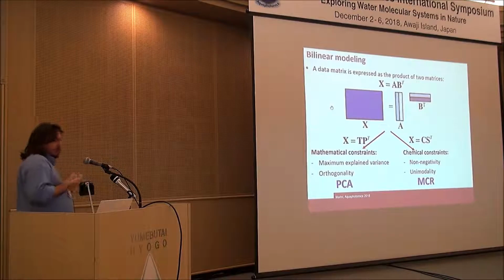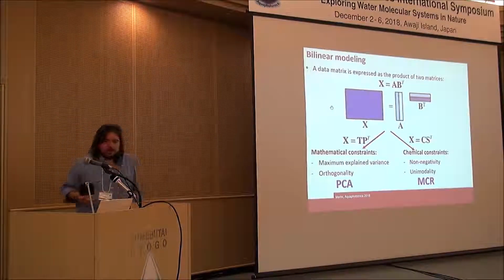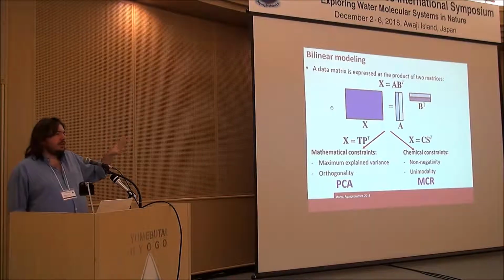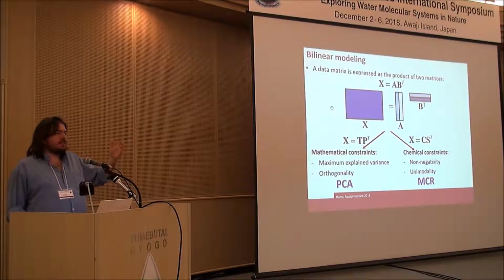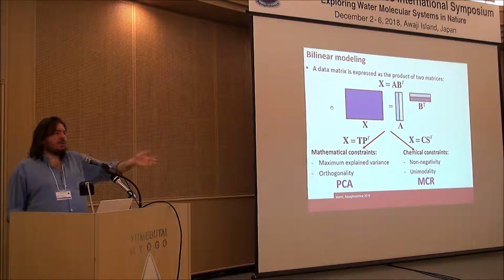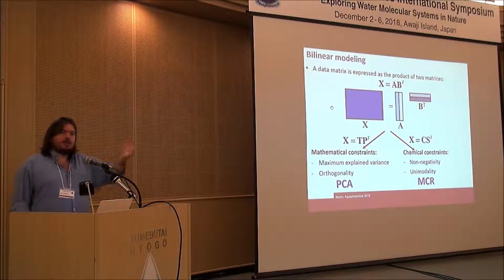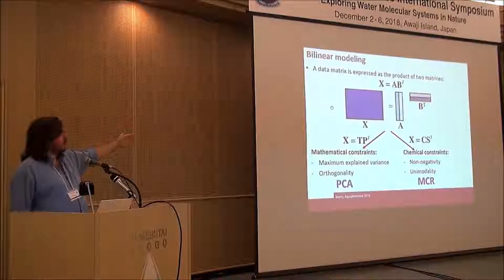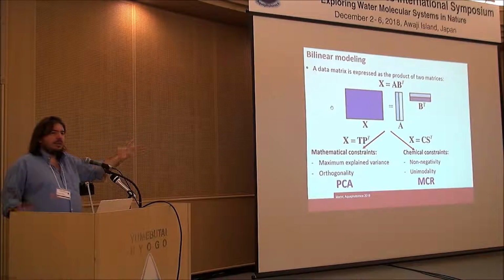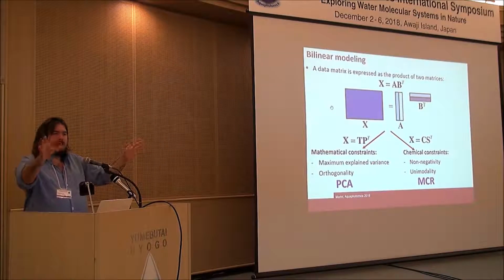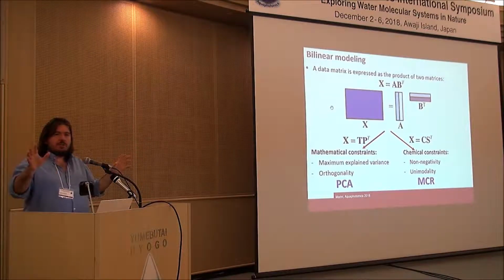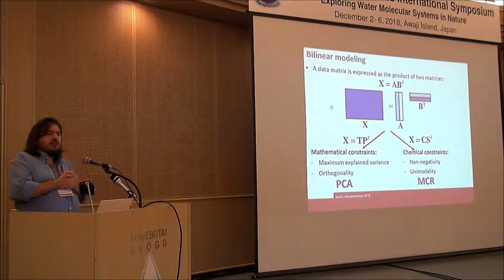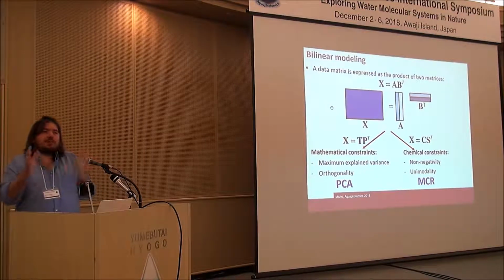But this is important because it gives us the opportunity of looking at our data through the lens of a method that is similar, in terms of how we can interpret it, to a method that we already know. So we have a bilinear decomposition both in PCA and in MCR, and we end up with two matrices in both. But what is the difference? The aims of the two methods are completely different.